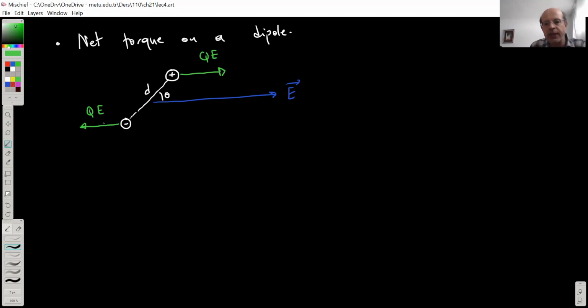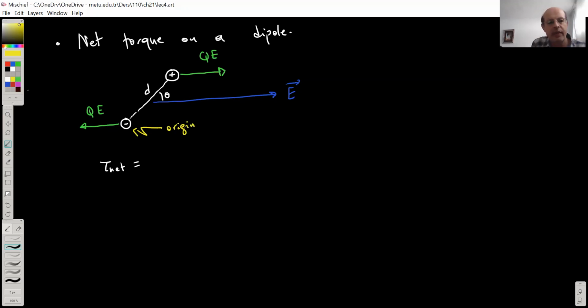All right, so how can I compute the torque? Let's say net torque in here. In that case, there are a few different methods. I have talked about this thing before. So first you have to choose the origin. So you can do that in many different ways, but let's suppose that I choose my origin at the negative charge.